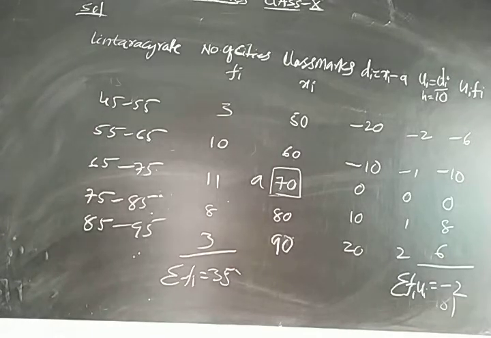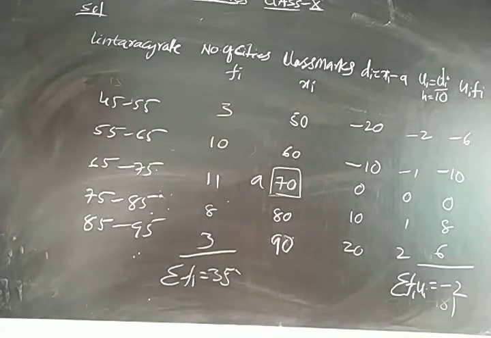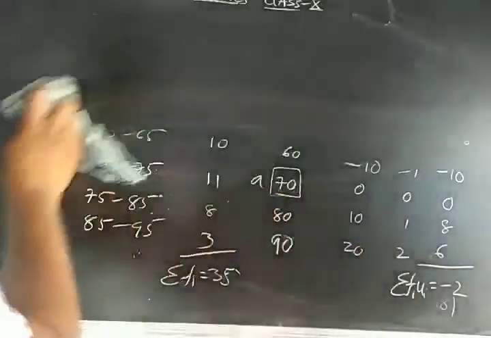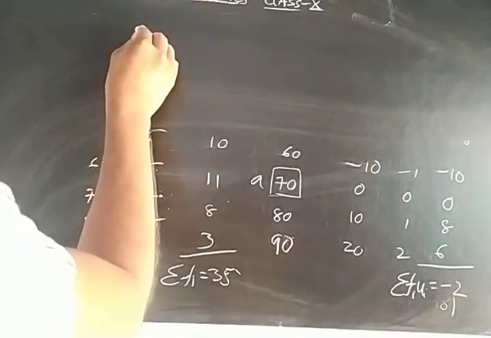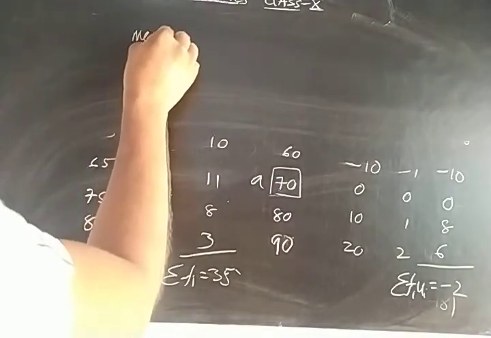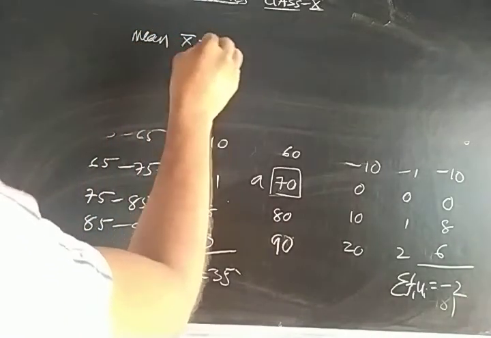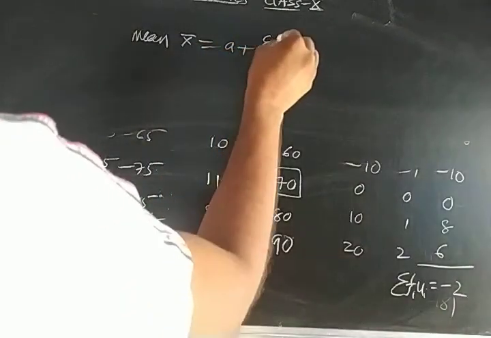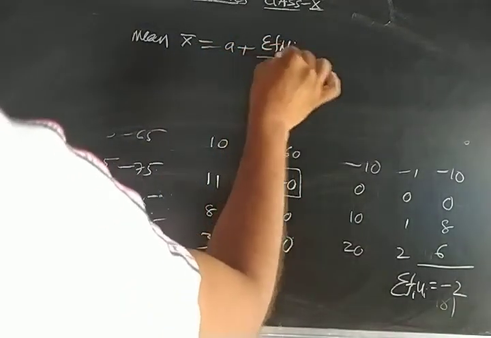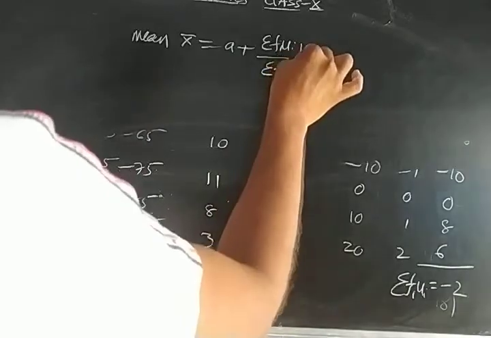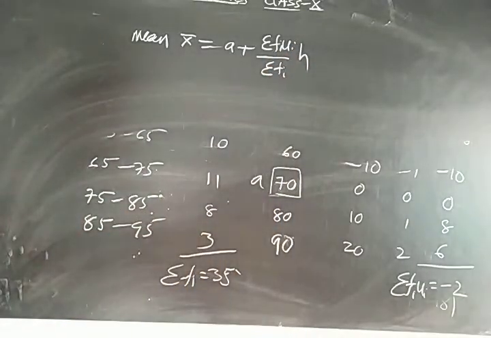Now we have summation fi and summation fi ui. Now find the mean using the formula of the step deviation method. Mean x bar equals, what is the formula? A plus summation fi ui by summation fi, into h.